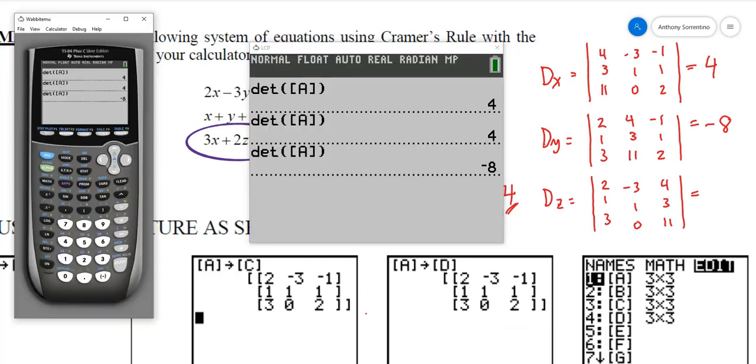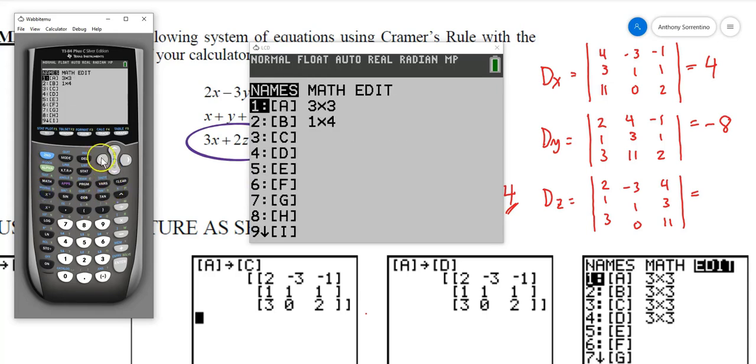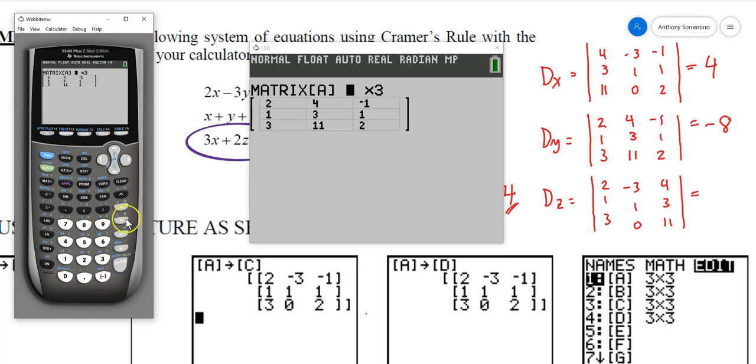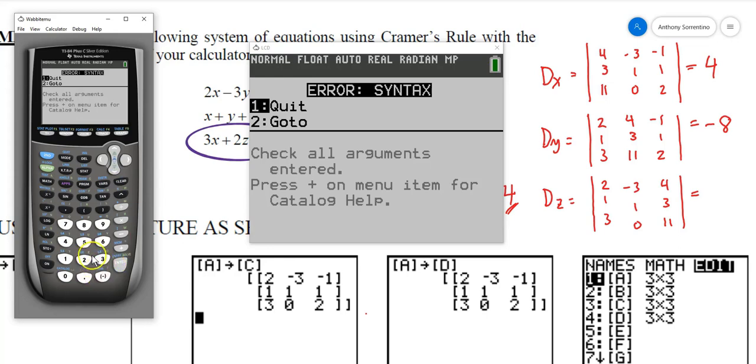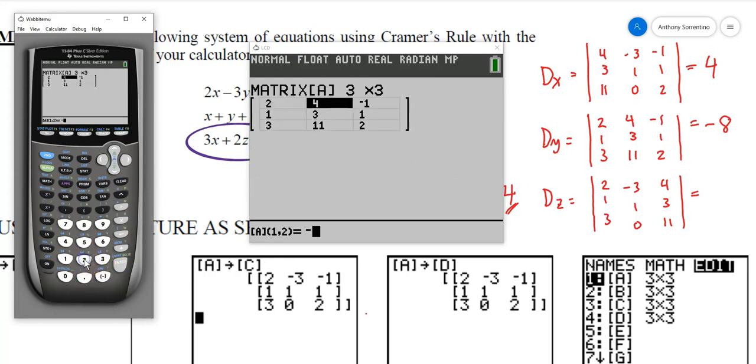And of course, the last one, dz. Change my matrix again. When I go to edit, remember, when you're choosing names, that means you're putting a matrix into some sort of calculation. So this is going to be back to the -3, 1, and 0.